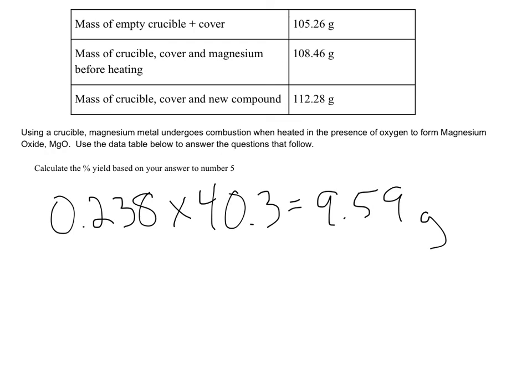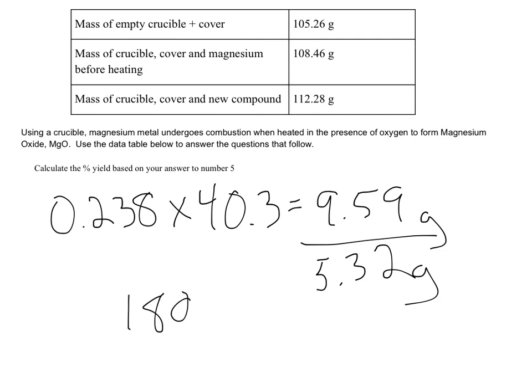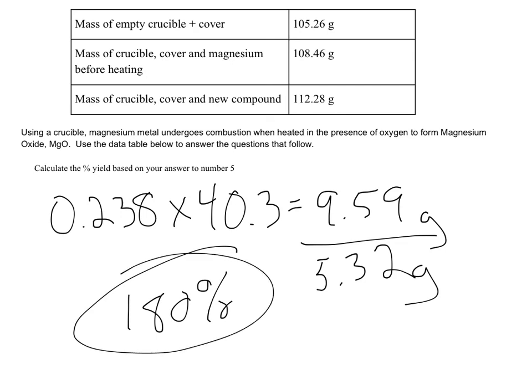And the theoretical yield, we calculated, was 5.32 grams. Which means that if you do that out, you get a percent yield of 180%, which is not possible.